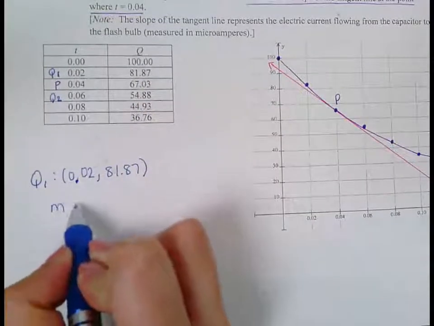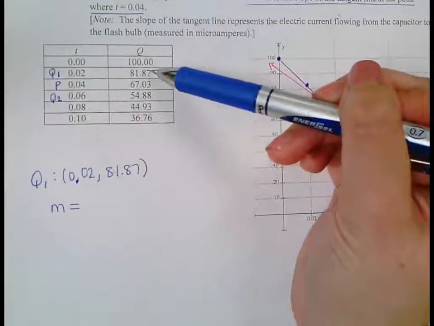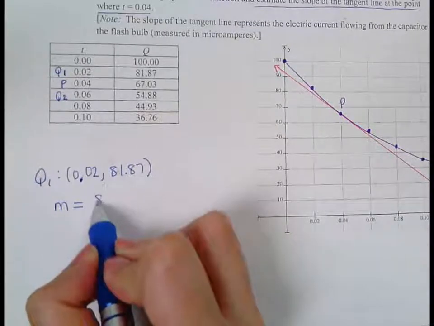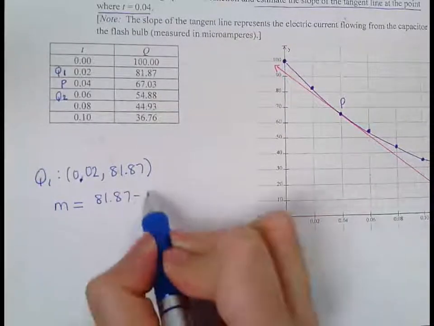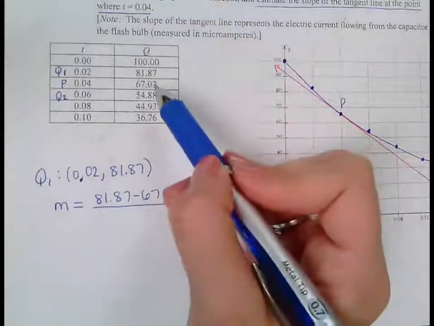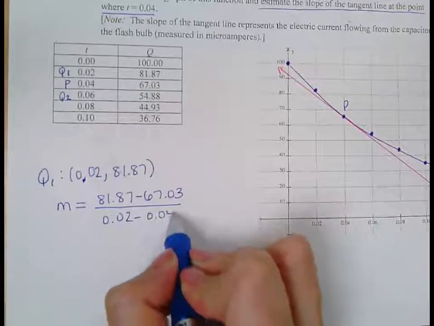So if I calculate that slope, my change in y's, or my change in Q's in this case, would be 81.87 minus 67.03 all over 0.02 minus 0.04.